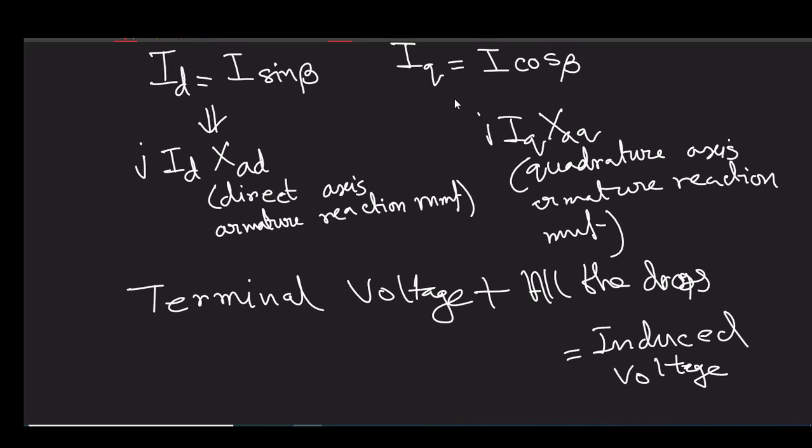So that is why when you try to cause a voltage induced across the armature circuit, it will always be as per your ability, right?